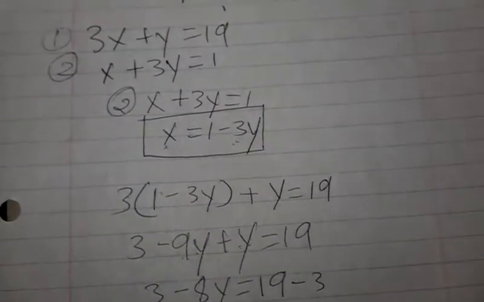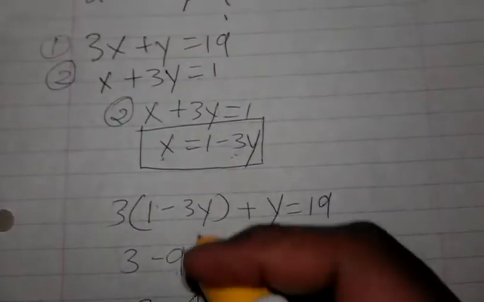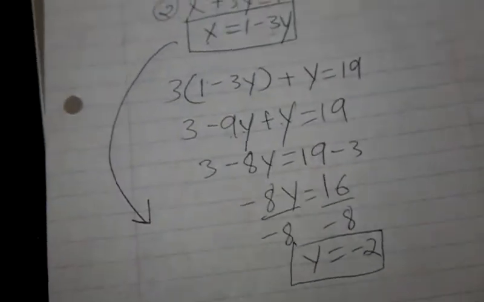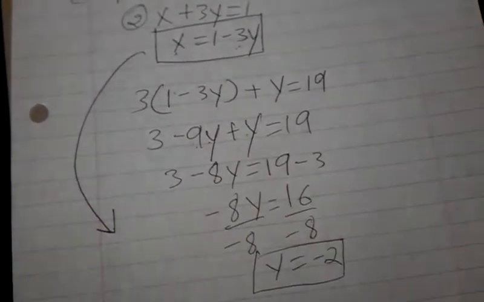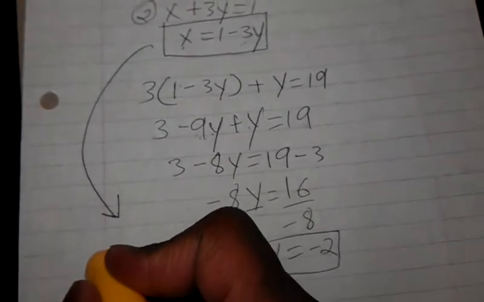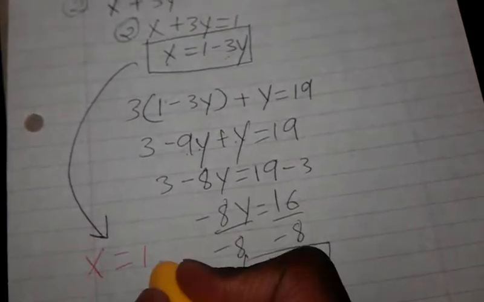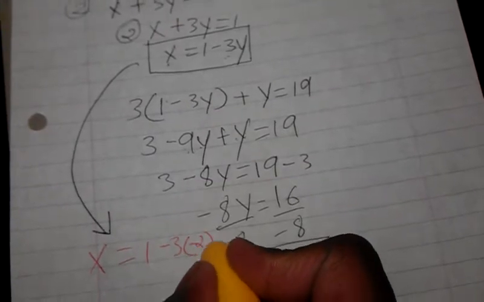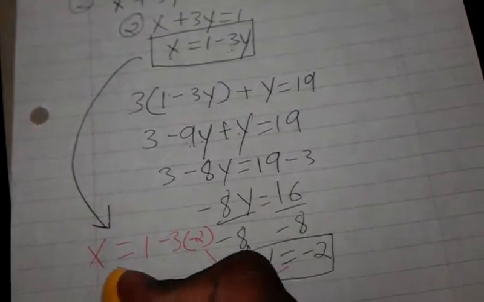Alright, so if y is equal to negative 2, then we can plug in our y value here to find our x. x is equal to 1 minus 3 times negative 2, because our y value was negative 2.